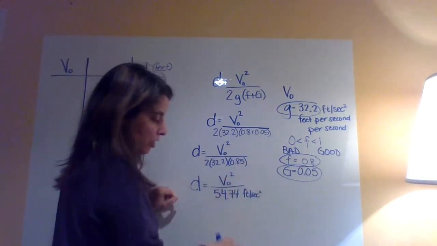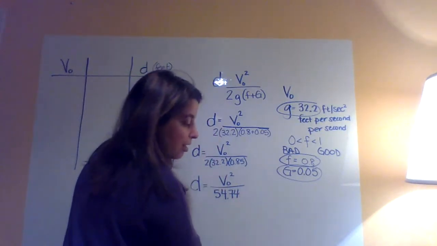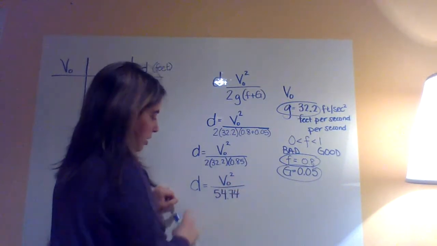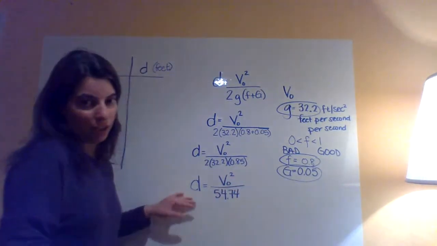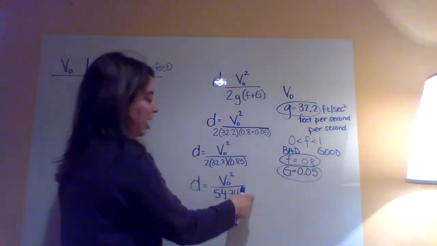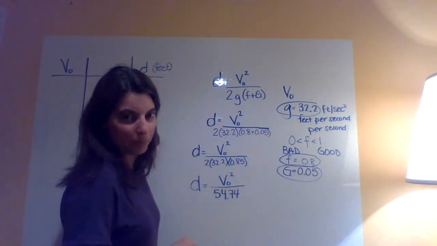Don't worry as much about the units here because they get a little tricky, so I'm just going to take them out, okay? But we could figure out the units here will cancel out in such a way that my distance is just in feet. I'd have feet squared per second squared on the top, feet per second squared on the bottom. Don't worry about the unit stuff. They just get a little messy.